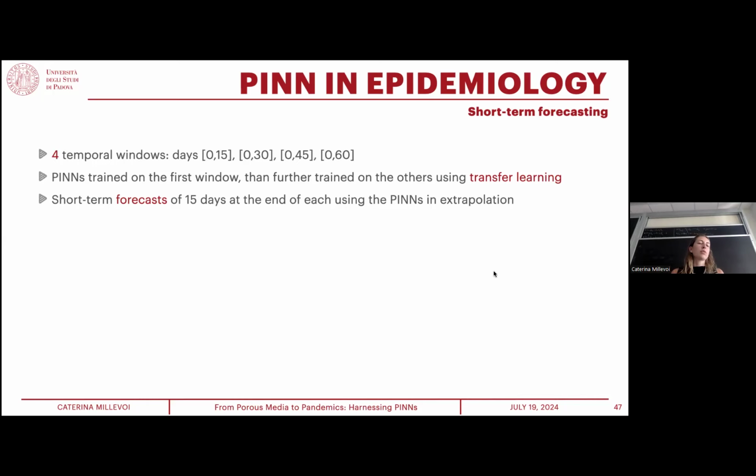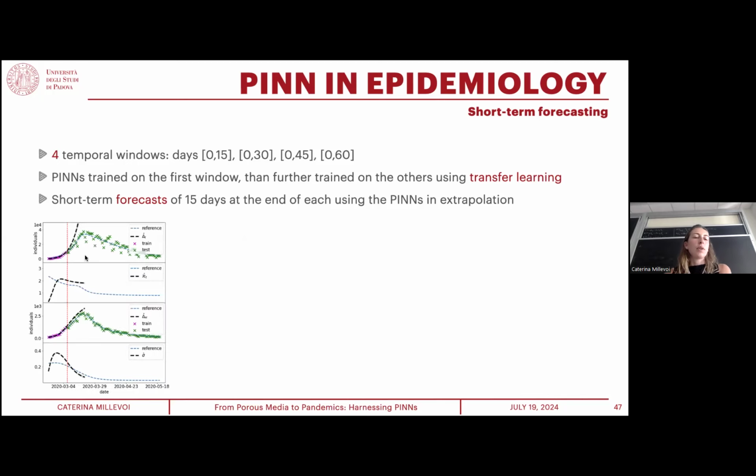And what we did was to first train a PINN in the first temporal window, use it in extrapolation for the future 2 weeks, and then retrain the same neural network and again use it in extrapolation for the following 2 weeks, and so on.